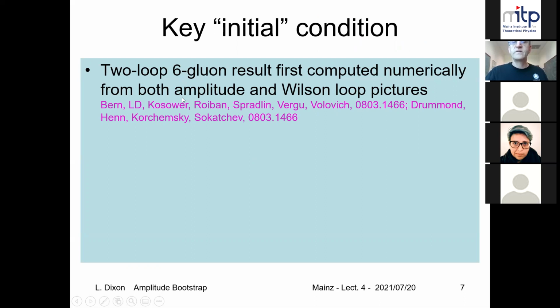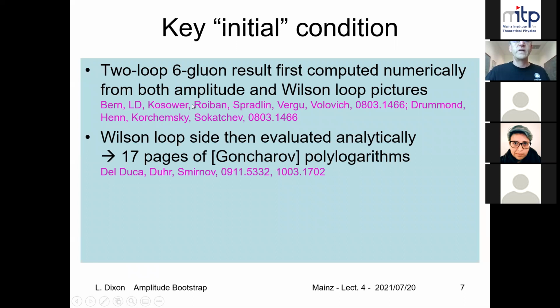Anyway, it was computed in both pictures, and it was found that the remainder function agreed between the 2.